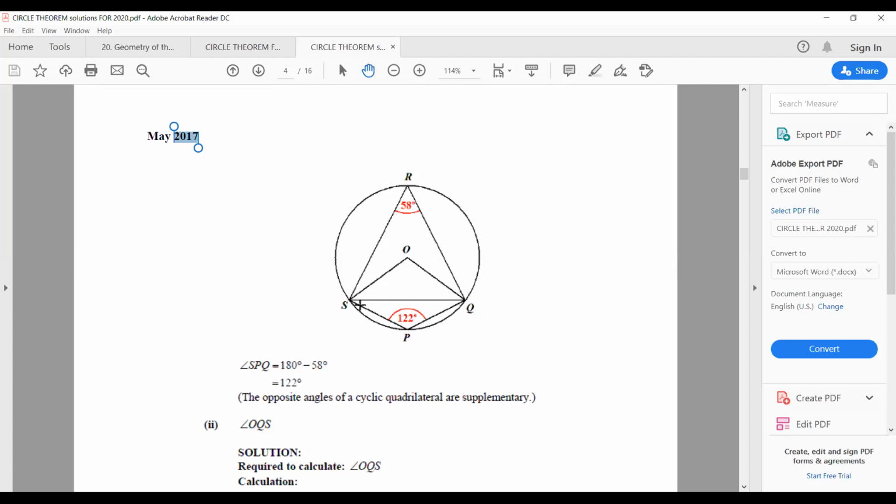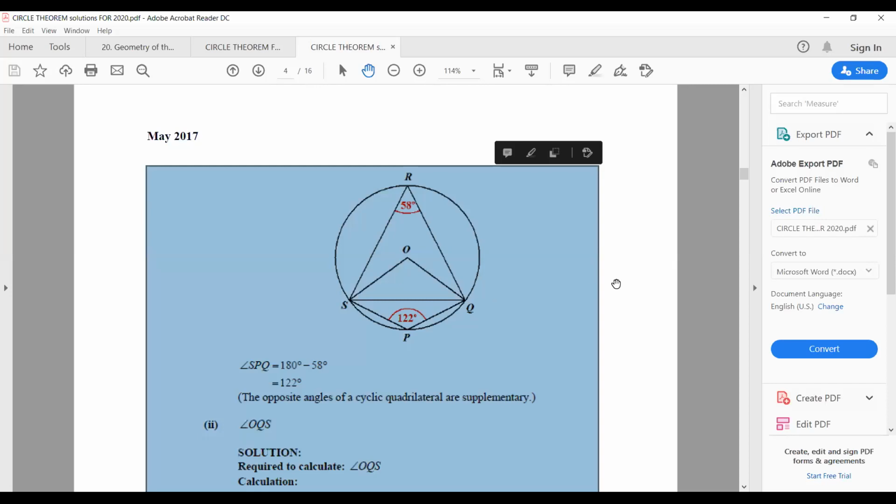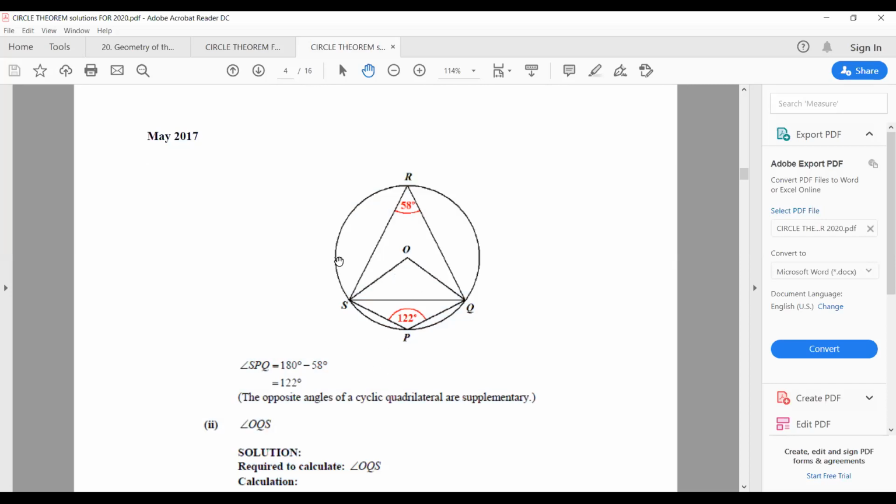It says that the opposite angles of a cyclic quadrilateral are supplementary. And supplementary meaning it's equal to 180 degrees. So if it's equal to 180 degrees, we know all of this is equal to 180 degrees, and we were given 58. We just take away 58 from 180 degrees, and we got 122. That's just the theorem. You follow there? Yeah. All right.